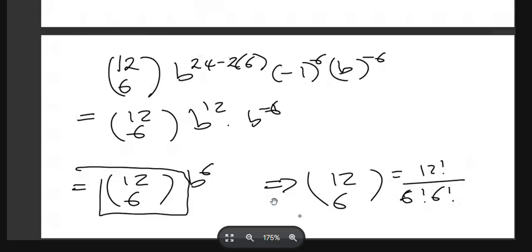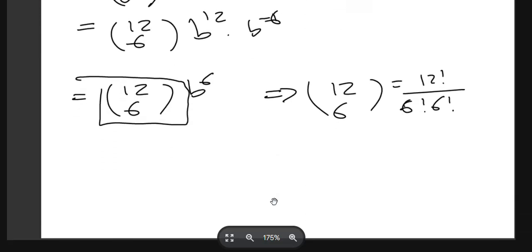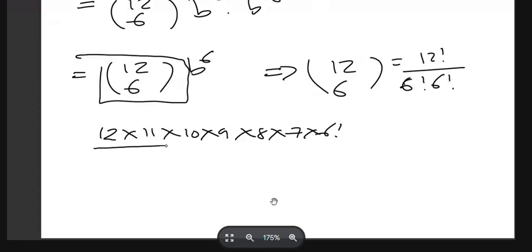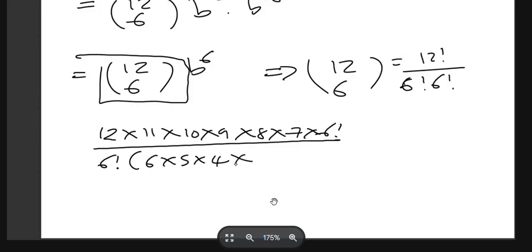This is going to be a bit tedious. 12 times 11 times 10 times 9 times 8 times 7 times 6 factorial over 6 factorial, then 6 times 5 times 4 times 3 times 2 times 1.